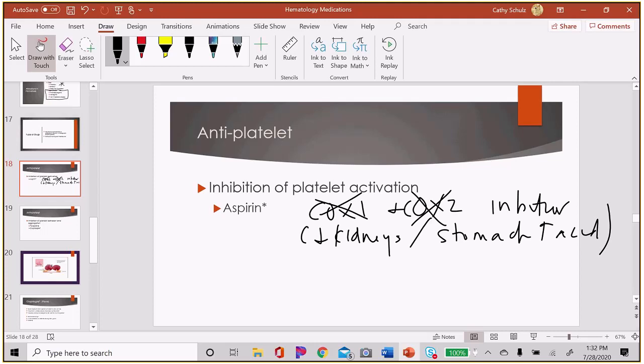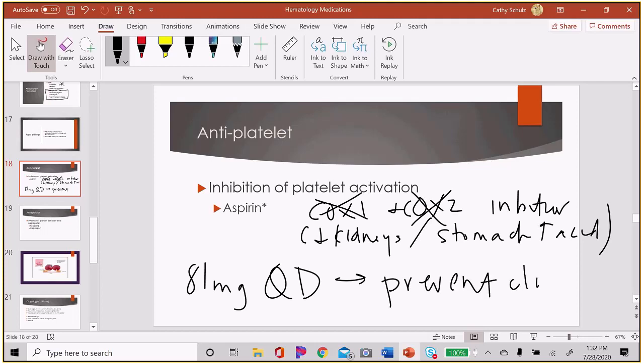Someone who's taking aspirin in this setting is usually taking a baby aspirin, which is 81 milligrams, which isn't for babies. That's kind of a strange name to give it. A baby aspirin just means it's a lower dose aspirin. An adult aspirin is 325 milligrams. You can take 81 milligrams every day as a way to prevent clots.